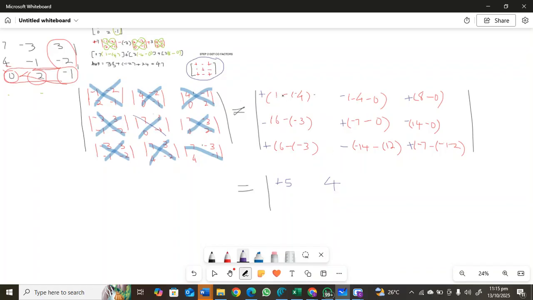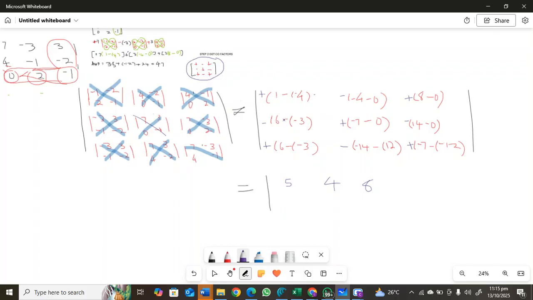You're talking about this first one here, this one minus negative 4. Yes. And since there's a positive value, it just remains positive. Here, 8 minus 0, that is 8. So we just remain with a positive 8. Actually, at this point, the positive signs, you don't really even need to show them.